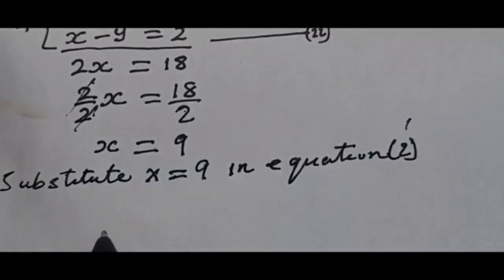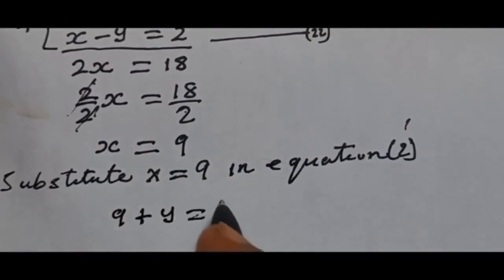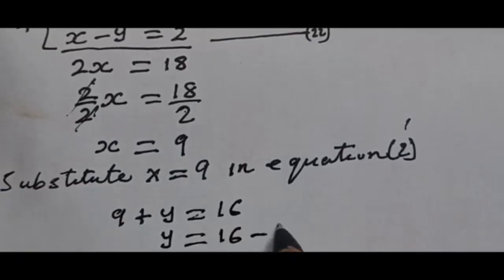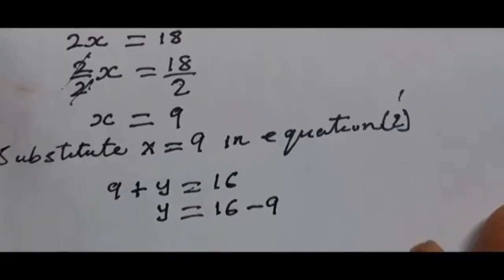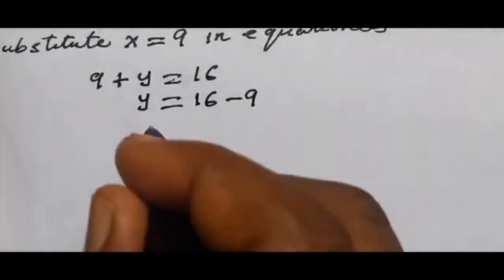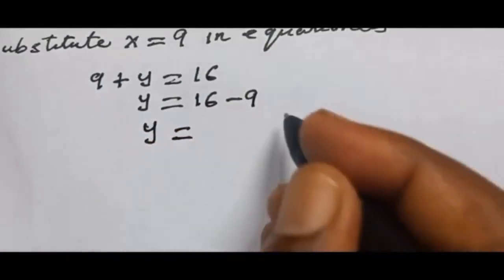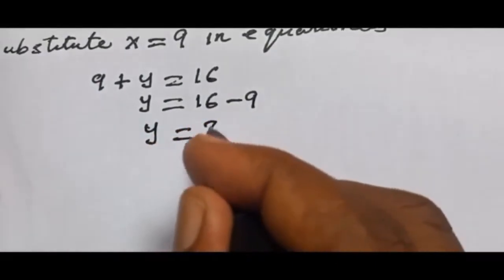So we have x, which is 9, plus y equals 16. So we have y equals 16 minus 9. 16 minus 9, we get y equals 7.